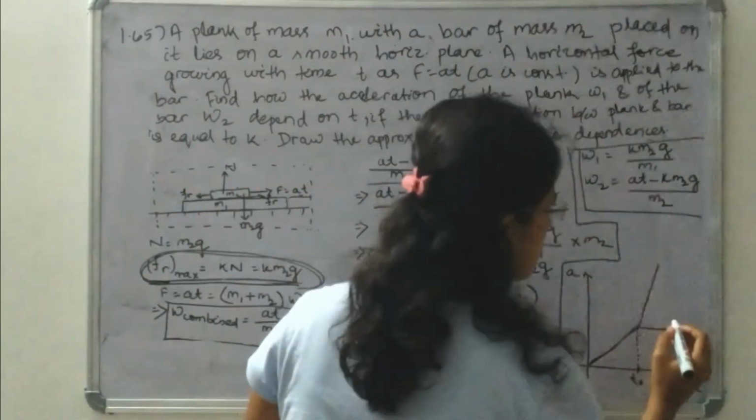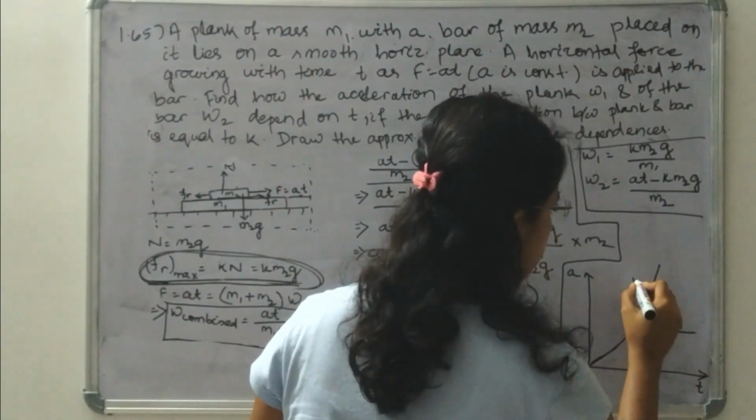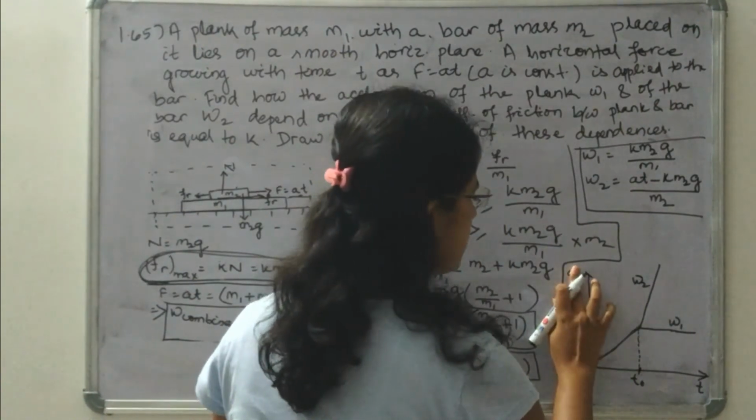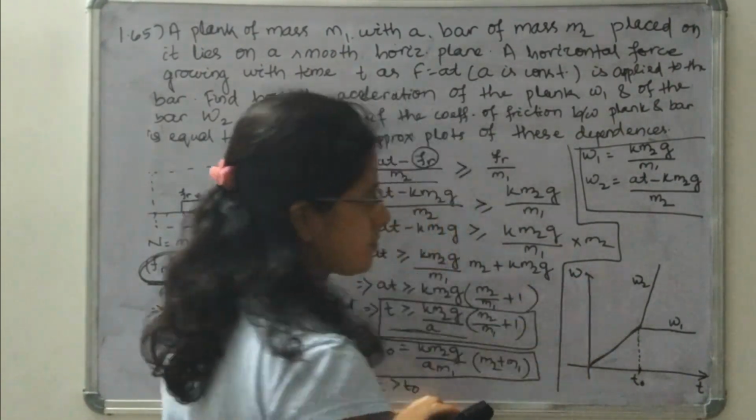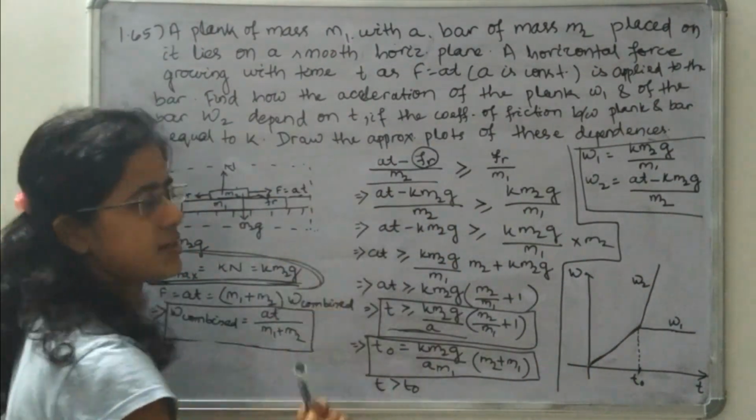So this is W1 and this is W2, and it is not A, it is W. Because A is constant, given in the question.